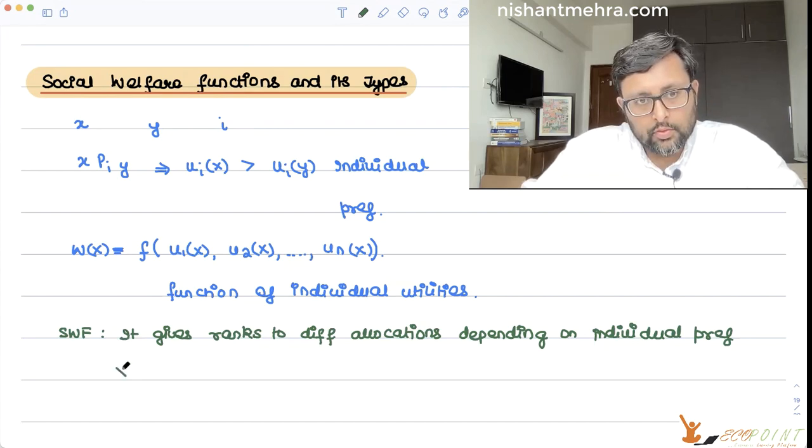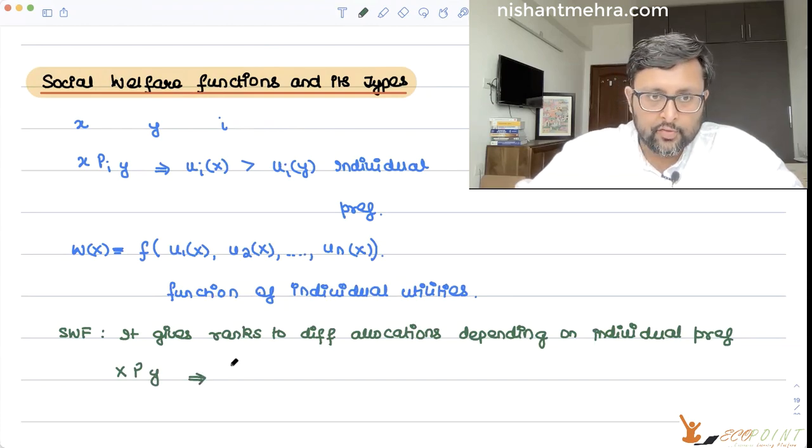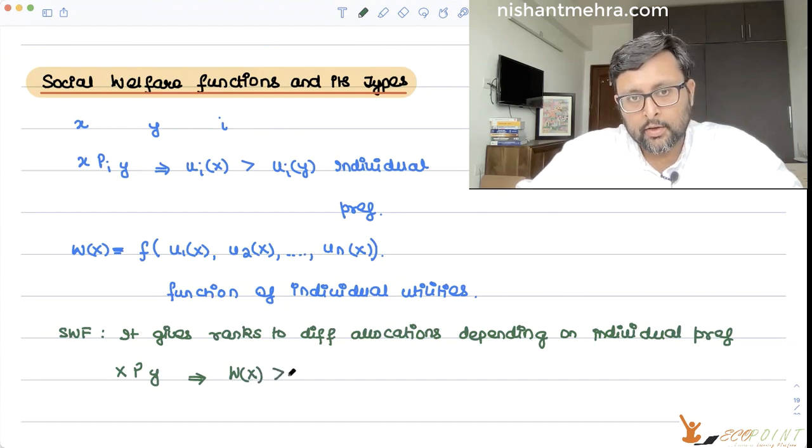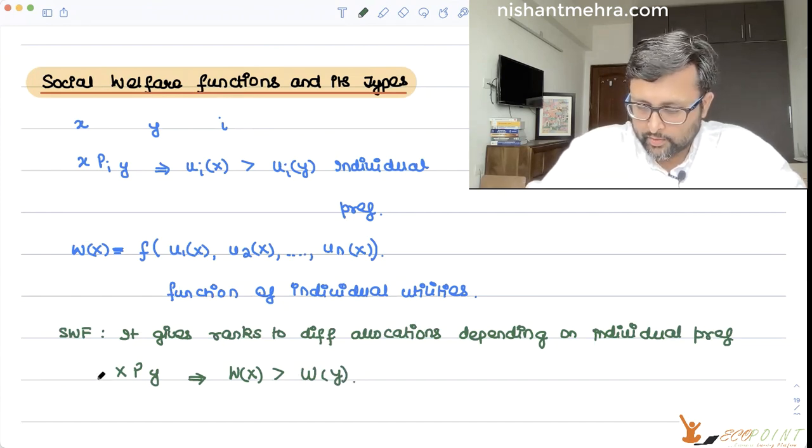X is strictly preferred to Y by the society if the utility which the society gets from consuming X is greater than the utility which the society gets from consuming Y, right?